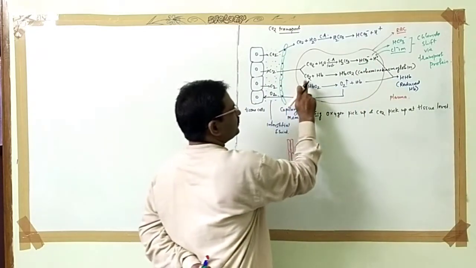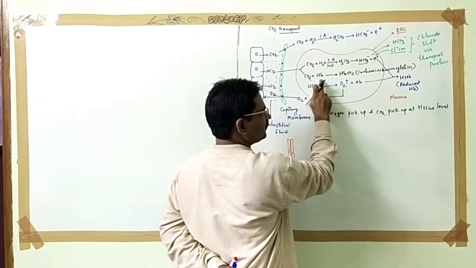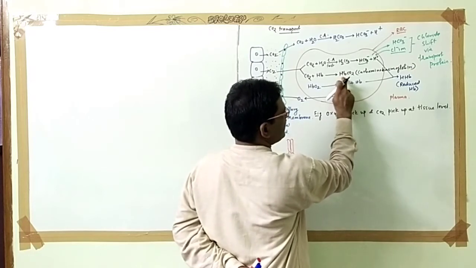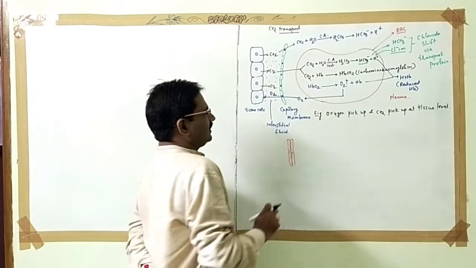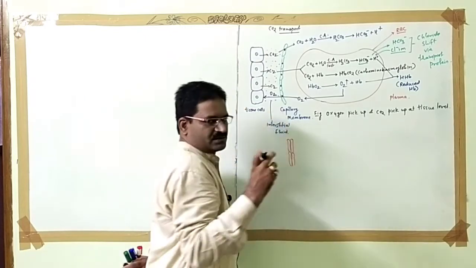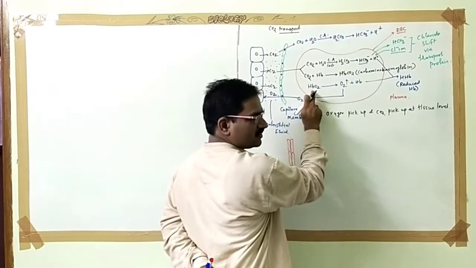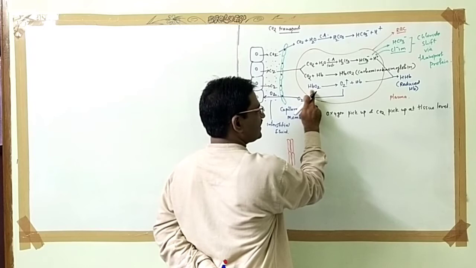Second, the CO2 combines with hemoglobin to form carbaminohemoglobin. It's called as carbaminohemoglobin. Okay. Now, this RBC also carries the oxyhemoglobin. This oxyhemoglobin dissociates because it is an unstable compound.